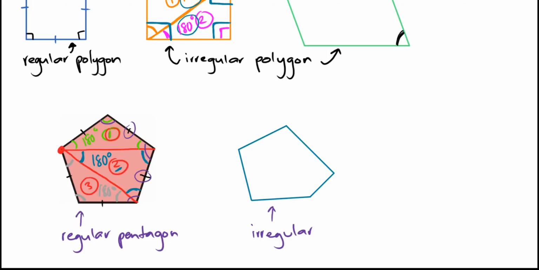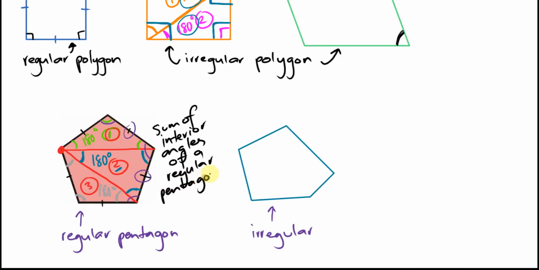So from the rule in the previous example, we know that if we add the interior angles of those three triangles, we will actually get the sum of the interior angles of that pentagon. So I've actually got three triangles here. So the sum of the interior angles of a regular pentagon is equal to 3 times 180.